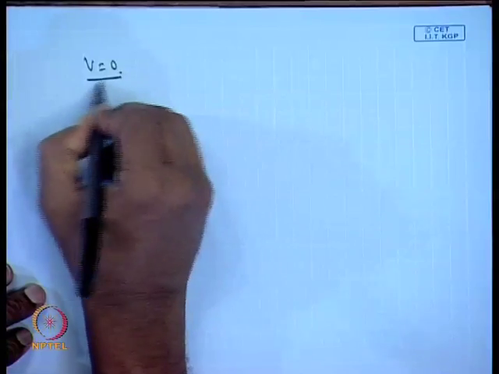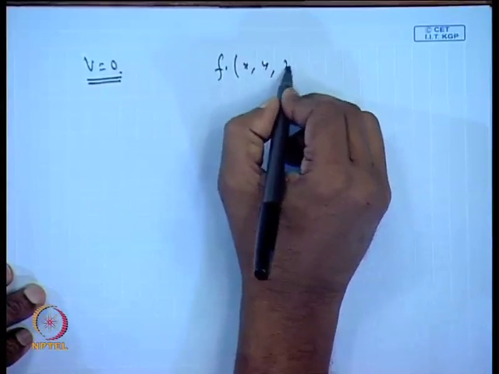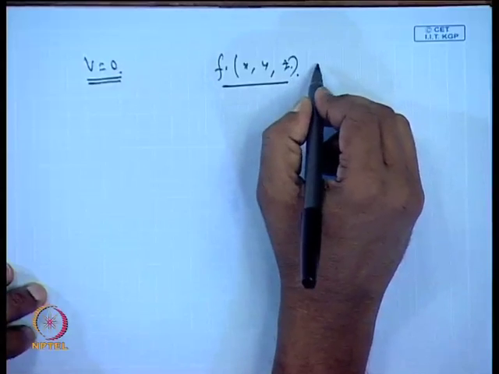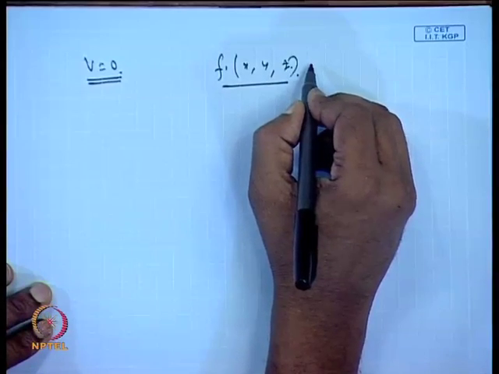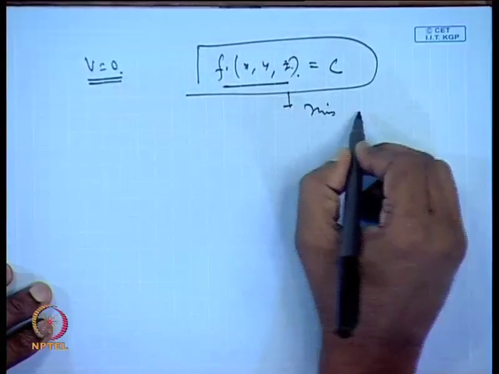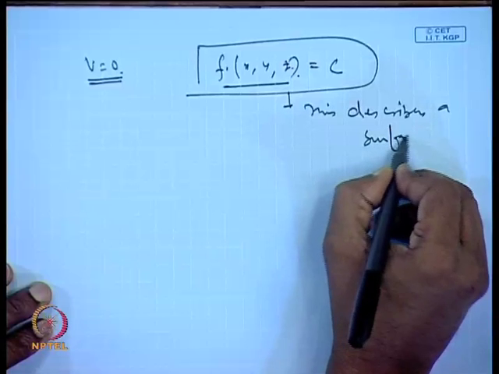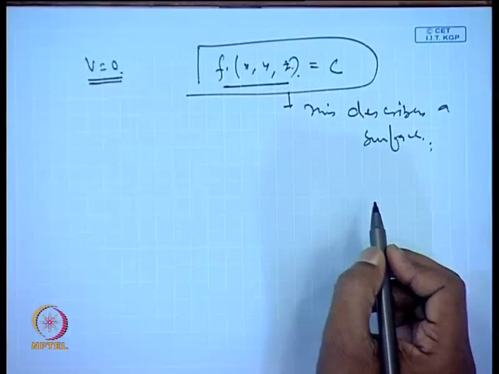So, already we have discussed in the last few lectures that this represents a surface. Okay. So, when v equal to 0, we have f(x, y, z) equal to C. This describes a surface.